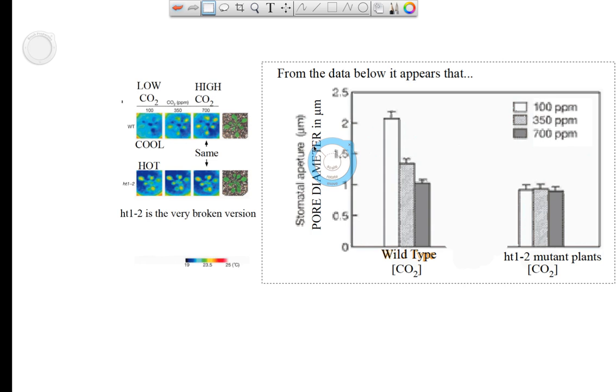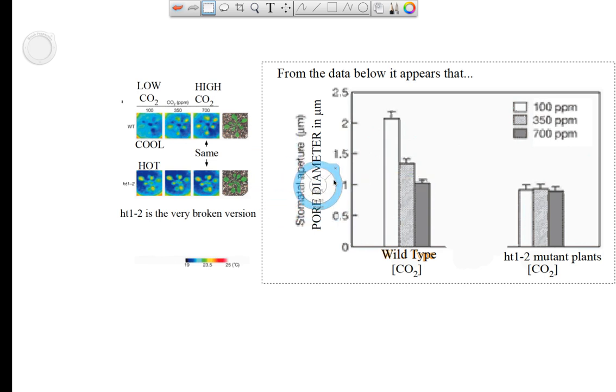Okay. What they discovered was a set of mutants, but we're only going to look at one, the HT1-2 mutant plants. And in these HT1-2 mutant plants, in every condition, the stomata stay relatively closed.